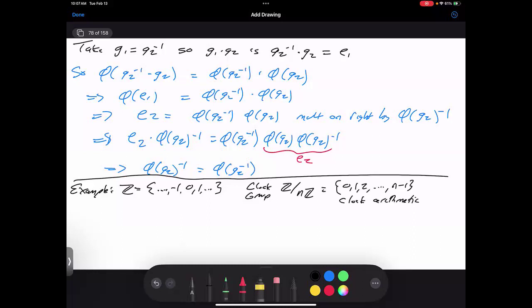Okay. So we'll see later on Tuesday why we use this notation for the clock group. For now, let's just denote the clock group by this crazy thing. So can you give me what might be a group homomorphism from Z to the clock group? Any thoughts?